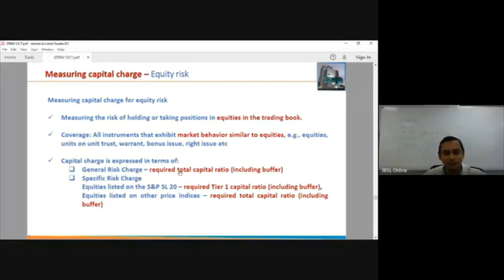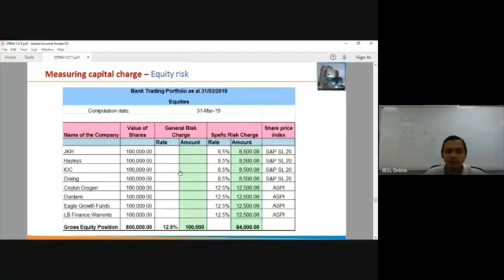So the specific risk charge depends on in which share index that particular instrument is listed. Then we'll check the computation example. You have invested in all these companies' shares, and the share values are given. For the general risk charge, as I told earlier, this is for the entire portfolio.